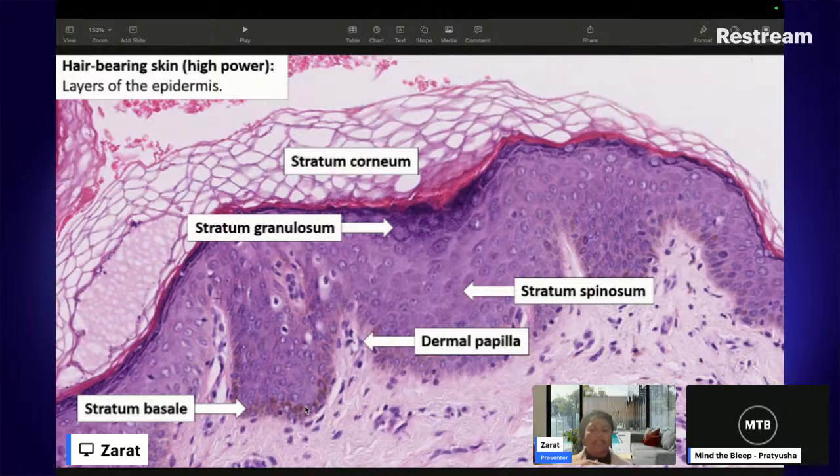Now these cells, as they grow older, go up. And here, as you can see, they become quite plump. You can appreciate the nice round nuclei that these cells have, which are a bit dark purple.